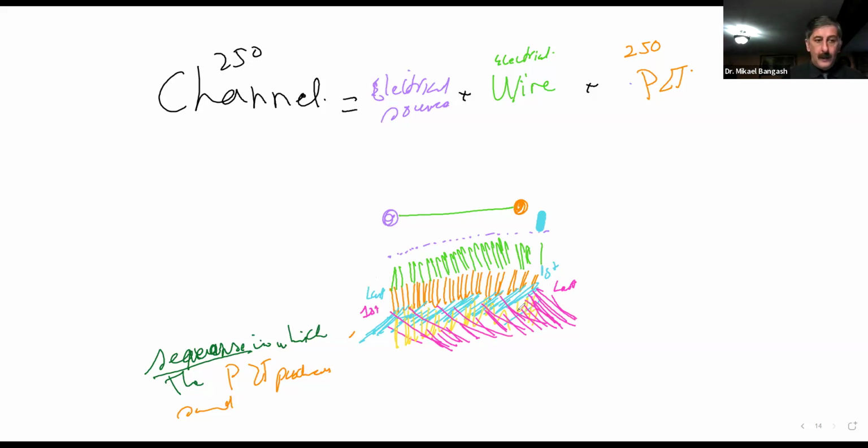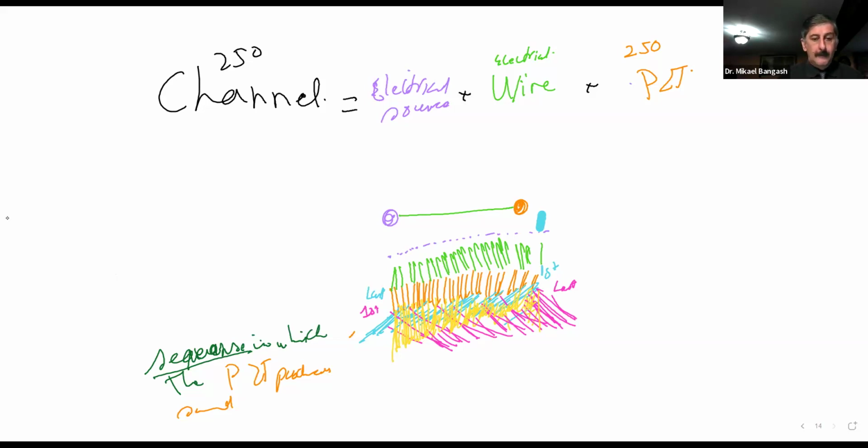And when they fire not exactly at the same time, but pretty closely, your beam will be steering straight.